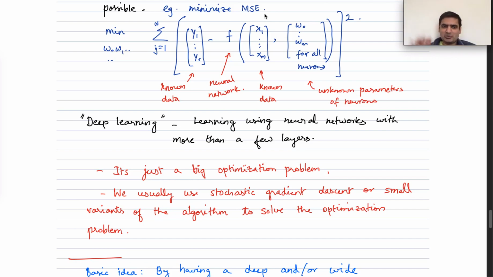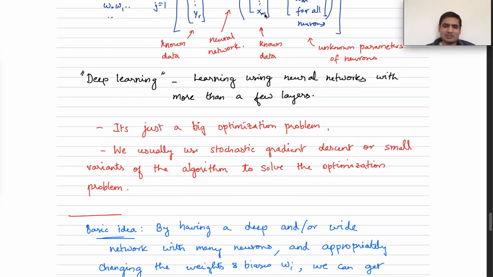Those two will be the two main types of loss functions that people use, even in neural networks. So that's why we spent quite a bit of time building up expertise in mean squared error minimization for least squares regression, and then logistic regression or classification, right? Because that's what people use in neural networks as well.